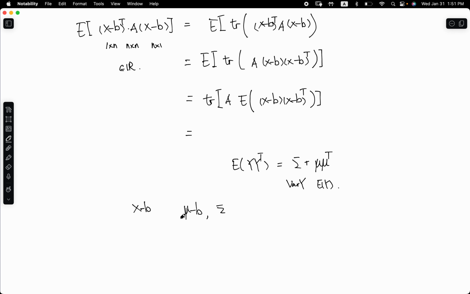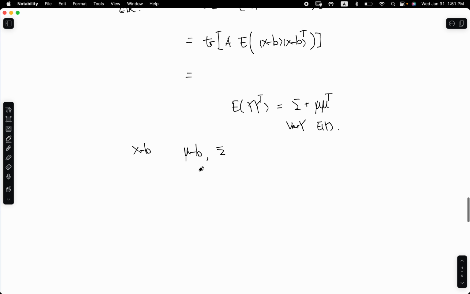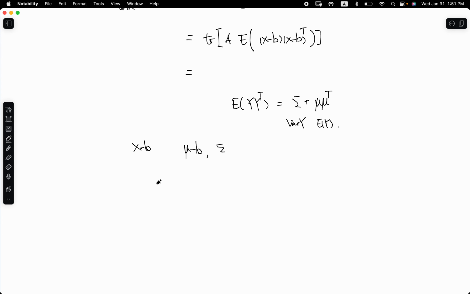So by recognizing that, we can say that here we just let y equal to x minus b.